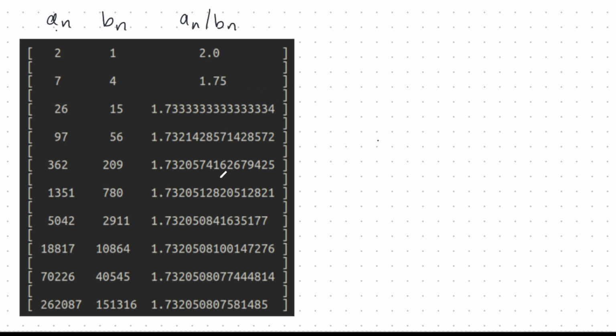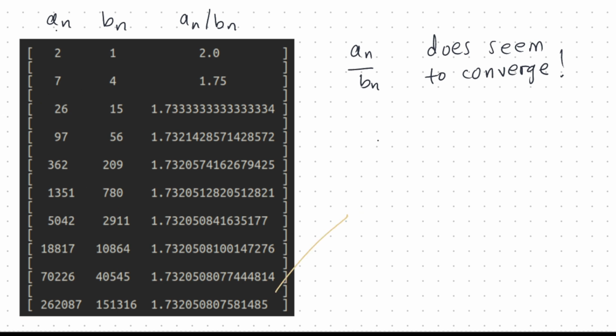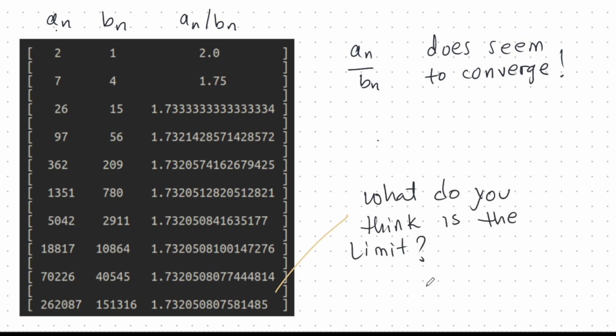So it does seem to converge to 1.7 something. It doesn't go off to infinity. And my question to you is, what do you think it converges to? Maybe you can take a guess. Take a guess, and shortly we will prove what this limit is, and then we will see how good your guess was.